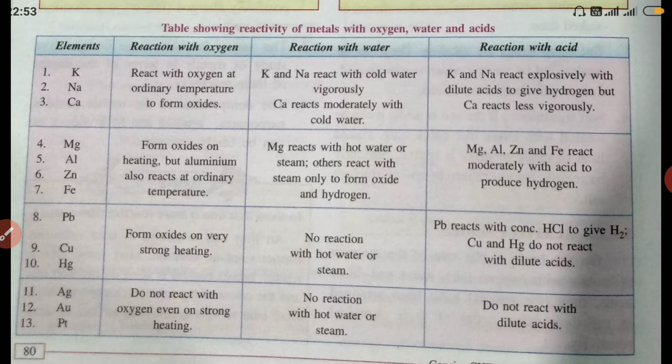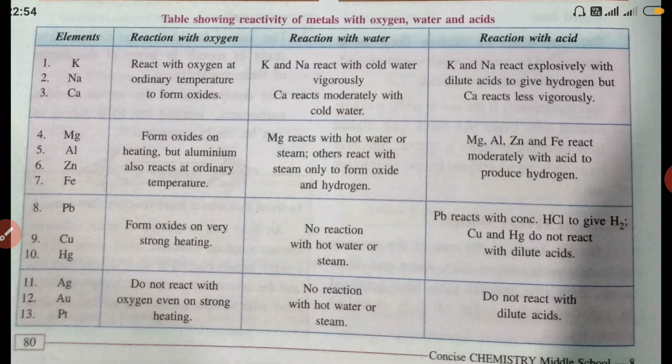In the reaction with water, magnesium reacts with hot water and steam, whereas aluminium, zinc, and iron only react with steam to form their respective oxides. For reaction with acids, all four react with acid to give hydrogen, but they react moderately, meaning less violently than the above three elements.